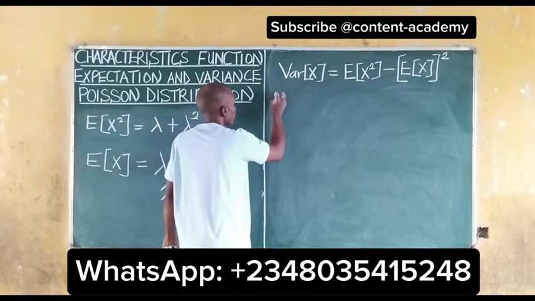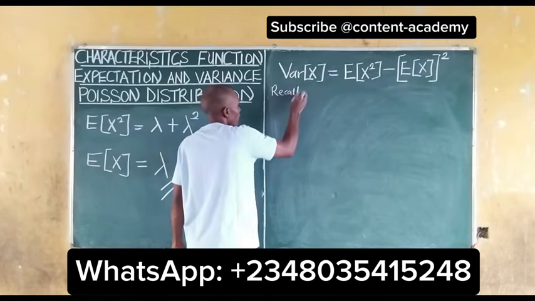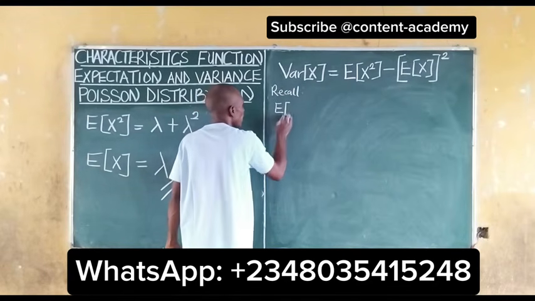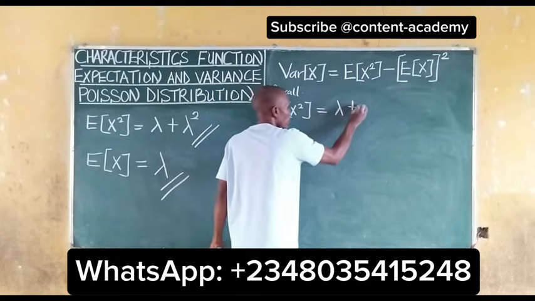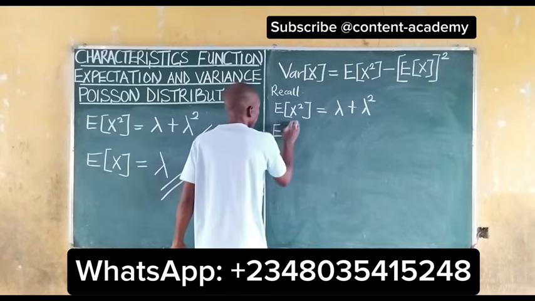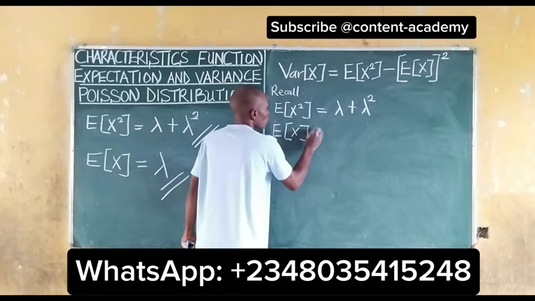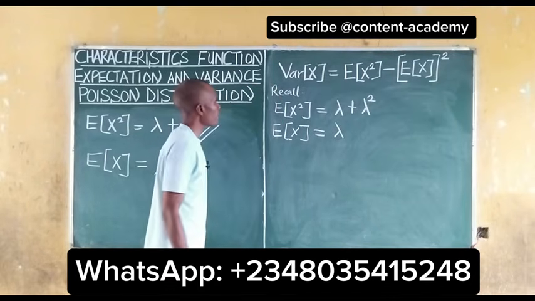So we can recall that for the expected value of x squared, we got lambda plus lambda squared, and for the expected value of x, we got lambda.